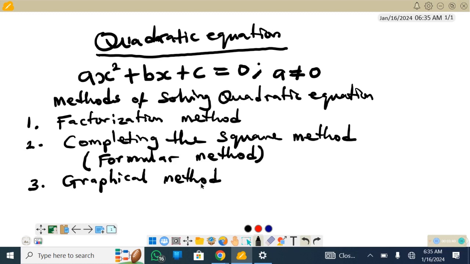So in this video, we are going to focus on the factorization method, okay? And this factorization method is very simple, very easy, and you will find it easier to solve if you have watched our video on factorization of quadratic expression.